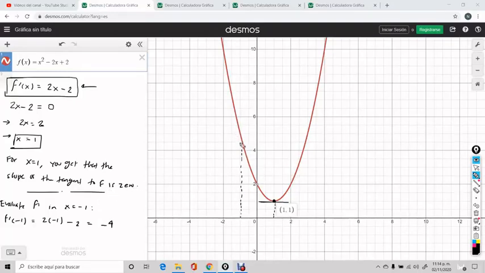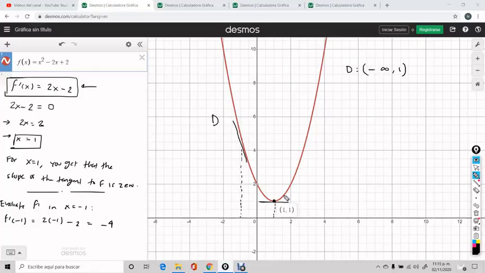That tells me that the slope at this precise point is negative, and that means, guys, that my function over this interval from minus infinity to 1 is decreasing over this region. Okay, so the function is decreasing from minus infinity to 1.